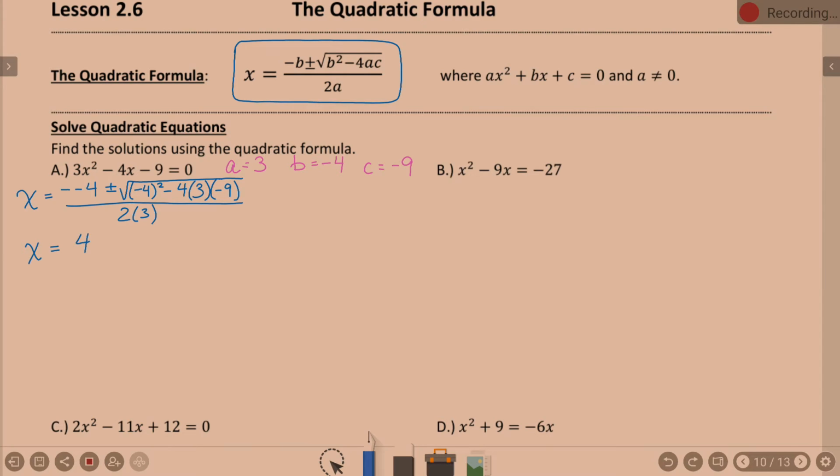Negative 4, we already declared, is 4. Under the radical, under that square root sign, what needs done? Negative 4 squared is 16. Negative 4 times negative 4 is 16, always going to be a positive. Then negative 12 times negative 9, which is going to be positive.